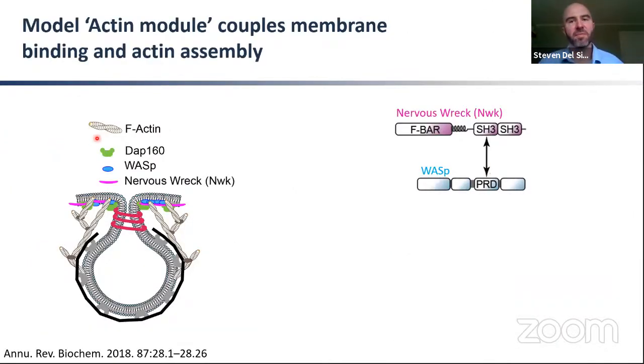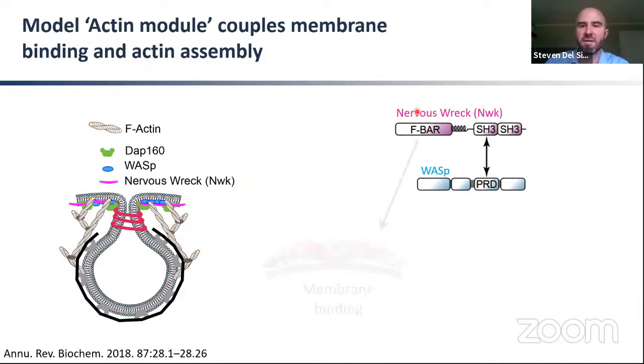Okay, so I'm going to just start by describing this in vitro model system and the proteins that I'm studying. And so again, the main function of these proteins is to tether actin assembly and force generation to the membrane. And so I'm using a model here of two proteins. One is Nervous Wreck, which is the fly homologue of FCHSD2.